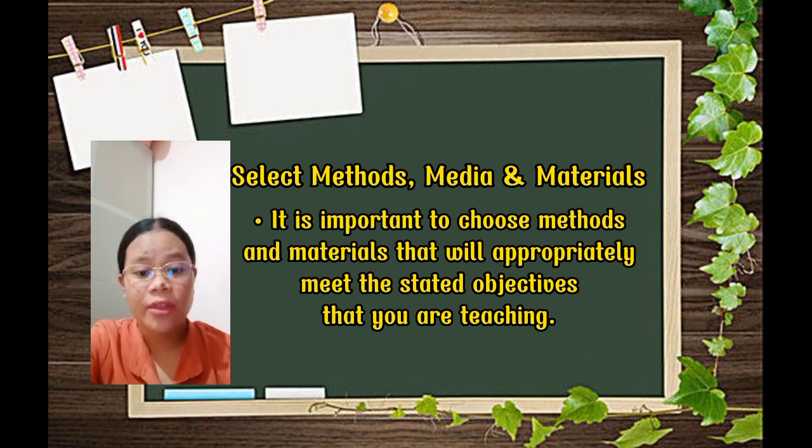Select methods, media, and materials. Once you already know your audience and have a clear idea of what they should get out of the lesson, then it is time for you to select the appropriate method for the given learning task. Select available materials, modify existing materials, or design new materials to help accomplish the task.